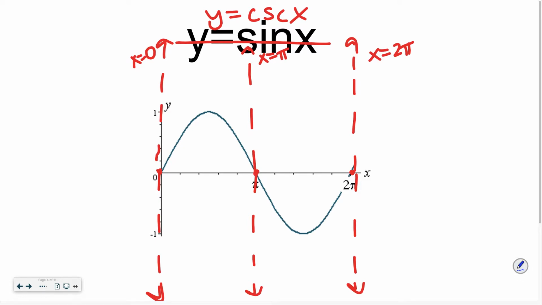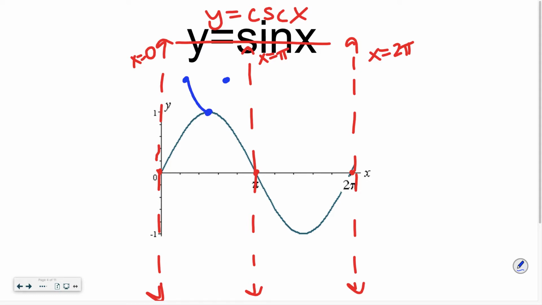Now let's start reciprocating the curve in between. Okay, we'll start with an easy one. The sine of pi over 2 is 1. What's the reciprocal of 1? 1. So this point actually stays the same, but then when we look at, like, the reciprocal of 1/2 is 2, and the reciprocal of 1 over 16 is 16, and the reciprocal of 2/3 is 3/2.